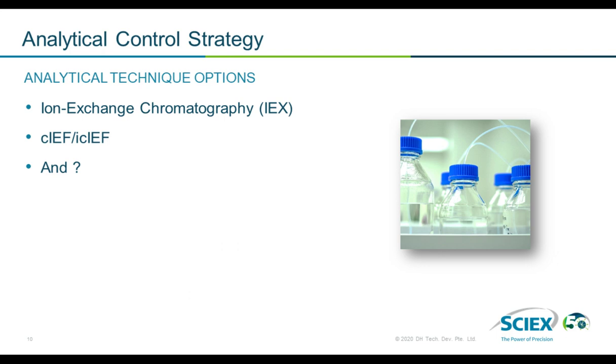So to meet the analytical challenge that our molecules pose to us, we have different options, different techniques. Two of those options are ion exchange chromatography and SCIEX. Now we'll take a quick look at these and more as we search for a widely applicable method.